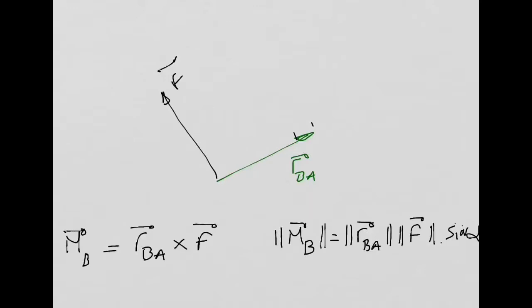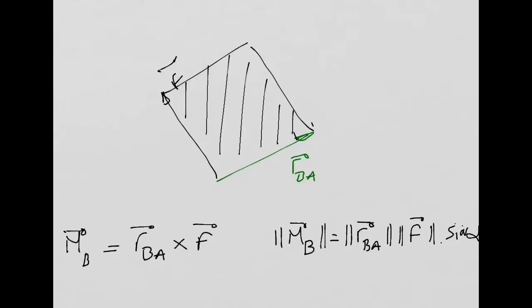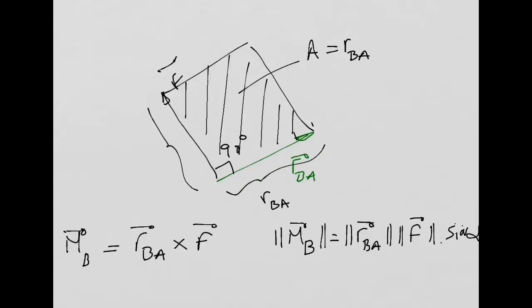You agree with me? So when this angle is 90 degrees, in this example, this area is going to be equal to what? RBA, which is this length, times this length, which is F.